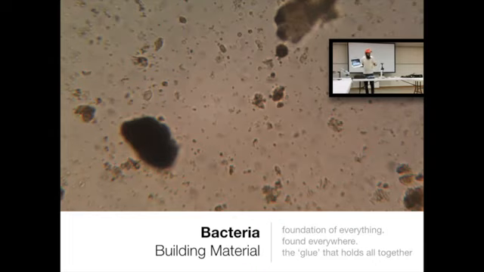The first thing you'll see is a lot of bacteria. And they just kind of look like chunks of dirt. They're kind of glued together. They may be round, they may be stick-shaped, but they're really, really tiny, and they're all clumped together. And you'll always find bacteria. Everywhere you go, you'll find bacteria.